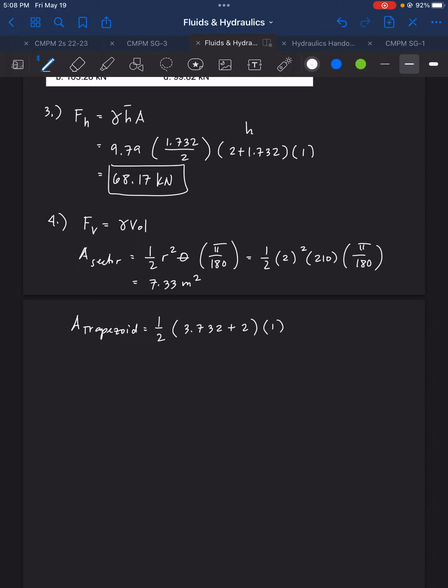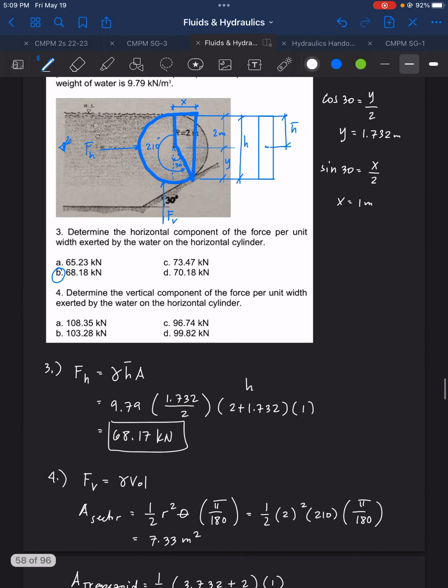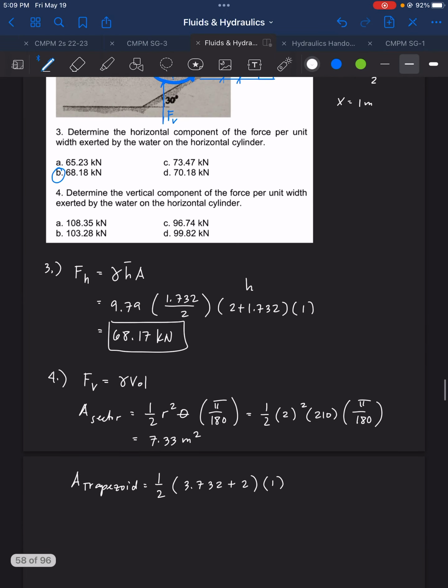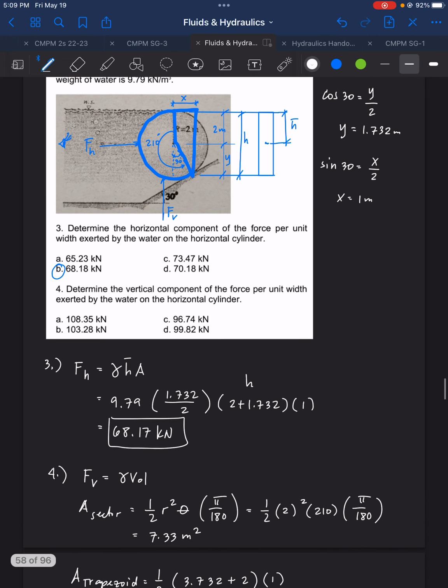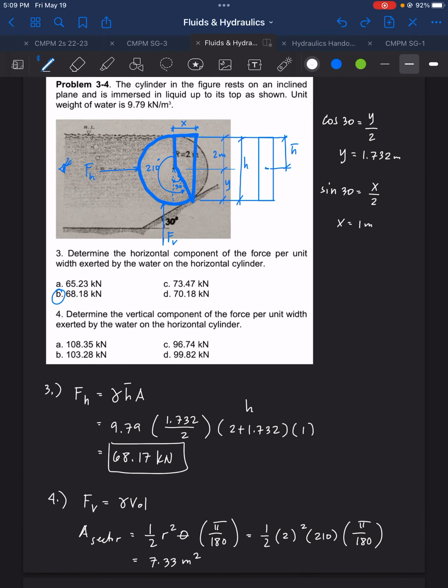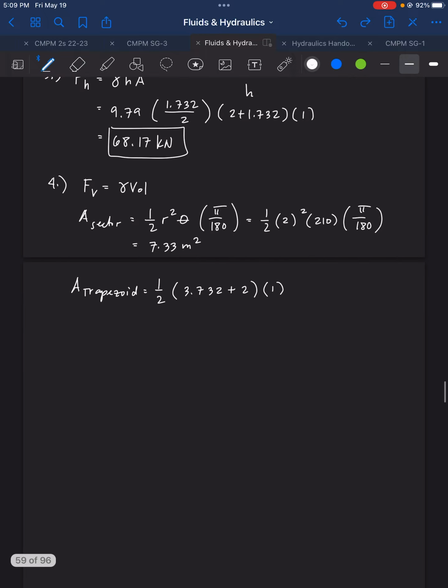Not yet. Okay, it's the height. It's not the per meter width, it's the height. So here the x is the height, which is 1 meter. So we now have area of the trapezoid as 2.866 meters squared.